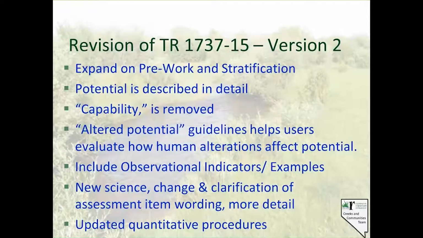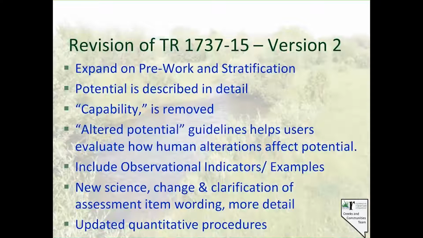Potential is described in detail, a bit more than it was previously. The concept of capability is removed, but it's replaced by a related concept called altered potential. Guidelines help users evaluate how human alterations affect potential, and about also the question of whether it's appropriate to do a PFC assessment in a particular place.